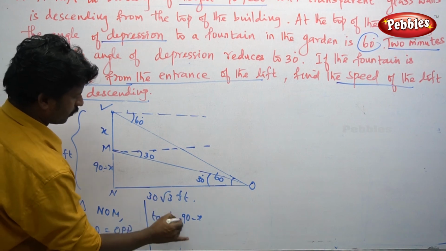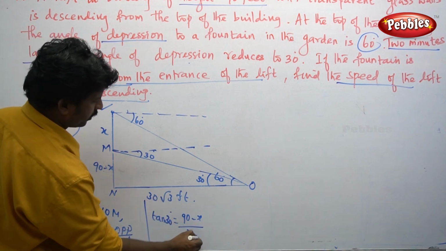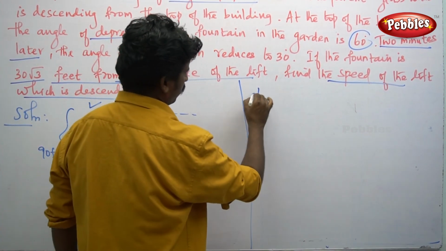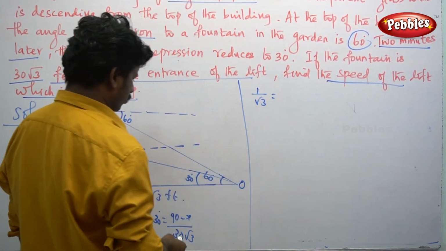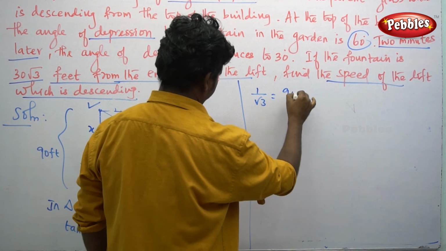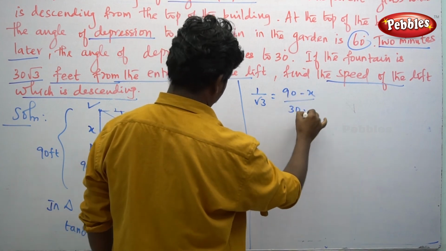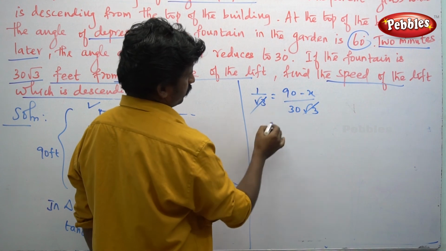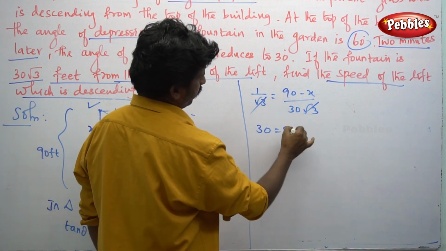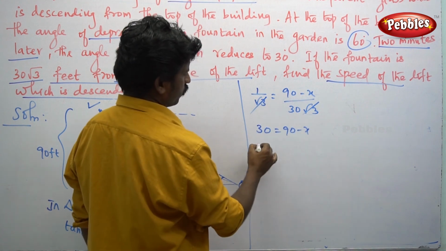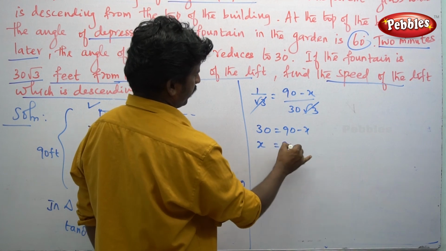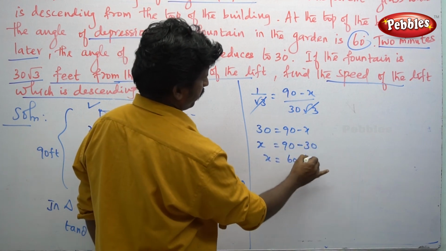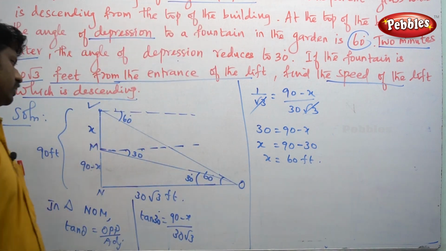The 30 degree, by adjacent 30 into root 3. Tan 30 degree value 1 by root 3 is equal to 90 minus x by 30 into root 3. Now this root 3 will be cancelled. 1 into 30 is equal to 90 minus x. Minus x இங்க கொண்டு வந்துட்டா plus x, 90, 30 அங்க போச்சுன்னா minus 30. இப்போ x is equal to 60 feet.